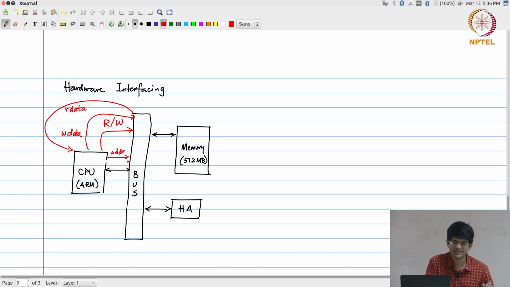So, the interface between the CPU and the bus is there is an address, there is a read write signal, there is a W data if I want to write data into the bus, and a read data if I want to read data back from the bus. Remember, I am talking about from the bus, I am not talking about specifically memory.